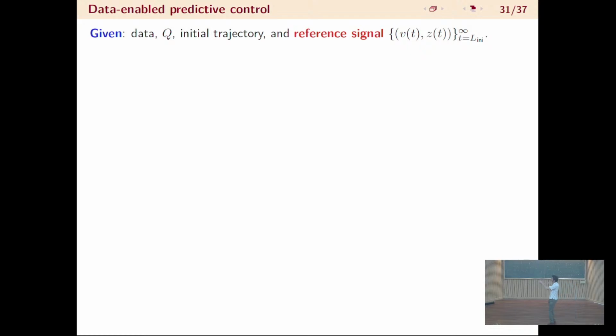So again, we have given data, the weight matrix Q, some initial trajectory of the system, and a reference signal. The important difference here is that the reference signal is now defined on the time window from L ini to infinity, and not on a fixed finite length time window. So we start by setting time tau to 0.